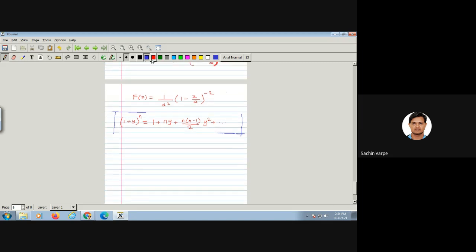So what will f of z be then? Therefore f of z becomes 1 by a square into 1 plus, what is n there? n is minus 2. Minus 2 into y. What is y? Minus z by a. y is minus z by a.